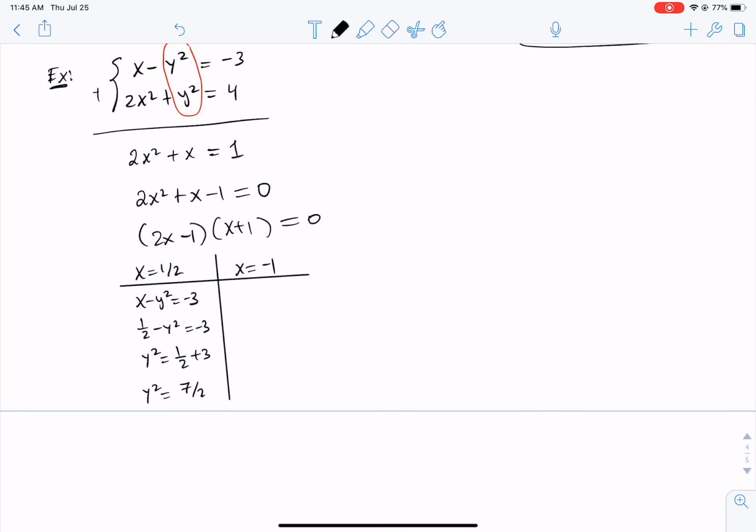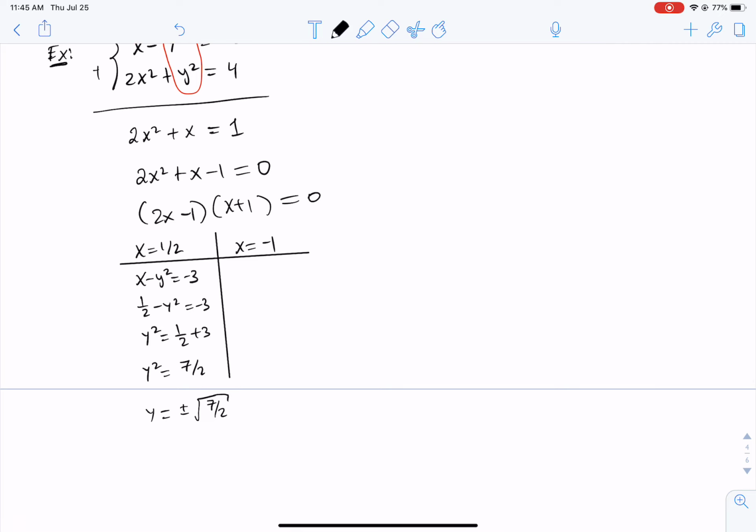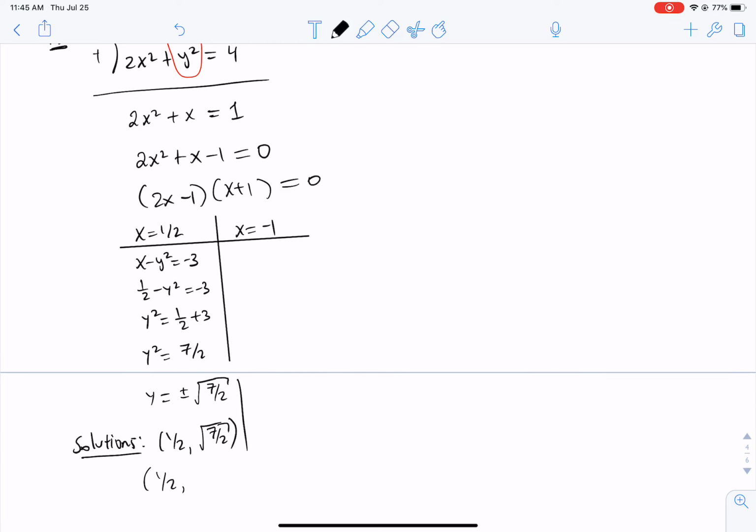So y is plus and minus the square root of 7/2. Nothing simplifies, right? So the solutions for this one: x equals 1/2 and y is equal to the positive square root of 7/2, and x is equal to 1/2 and y is equal to the negative square root of 7/2, like that.